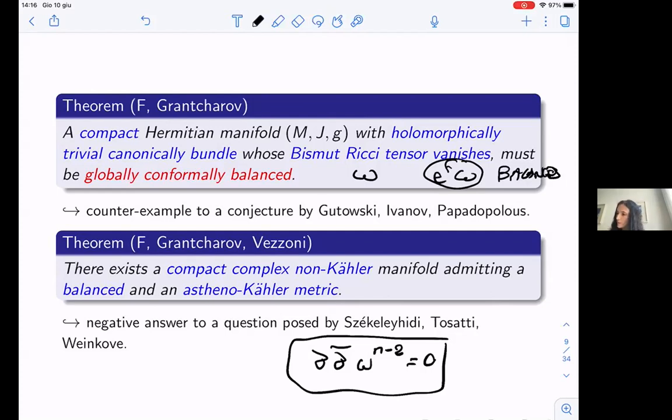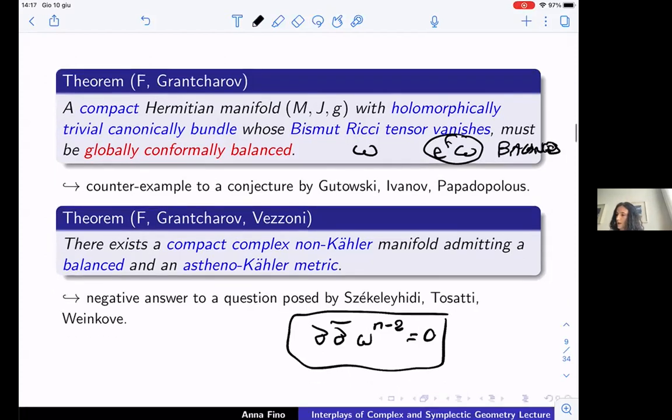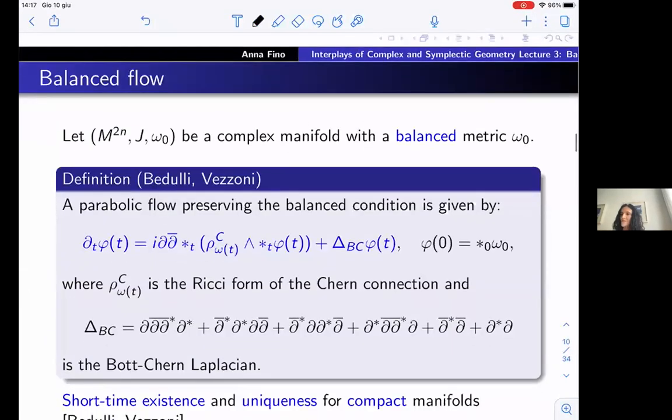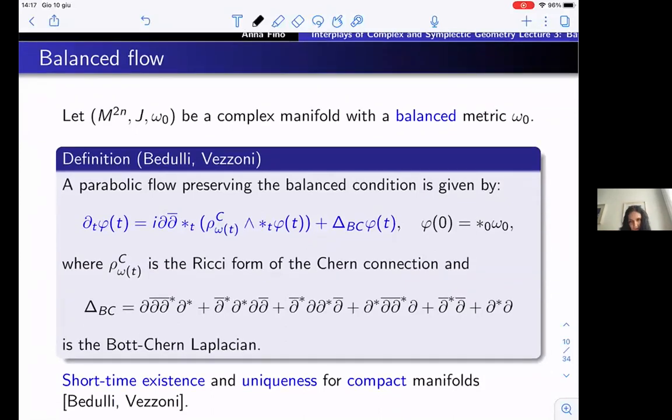And in this case, we were able to prove that there exists a compact complex non-Kähler manifold which admits a balanced and an Astheno-Kähler metric. We constructed a simply connected example, more or less at the same time. Also, La Torre and Ugarte constructed a different example. It was a nilmanifold example. So that was related to some question posed by Fino, Tomassini, and Vaikov.